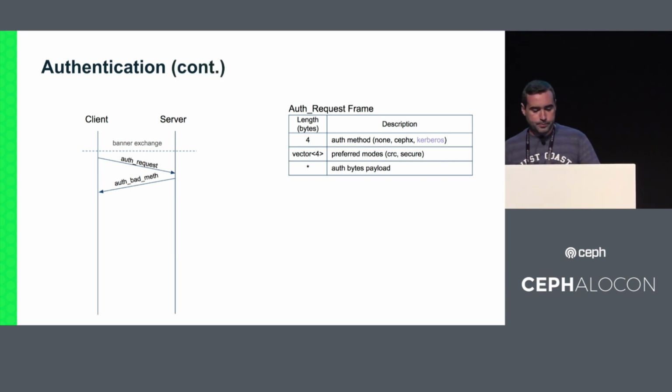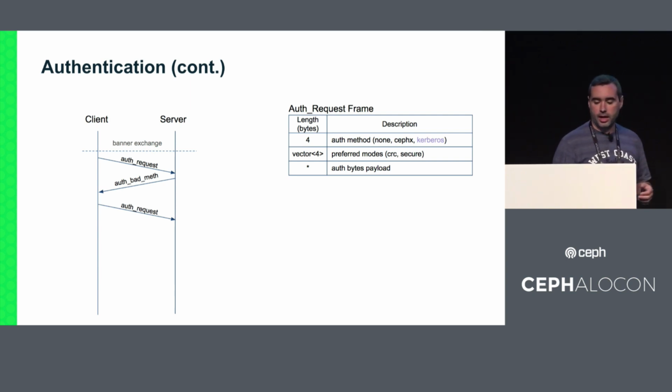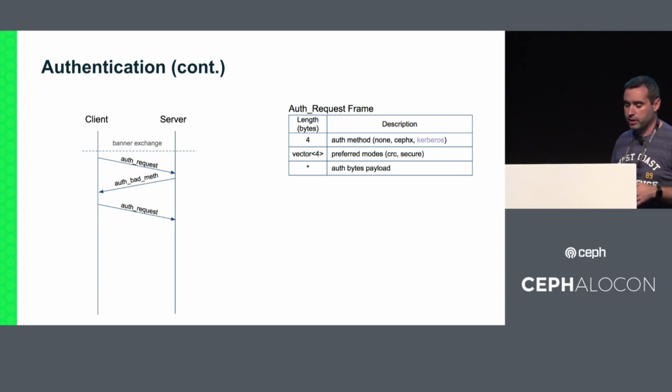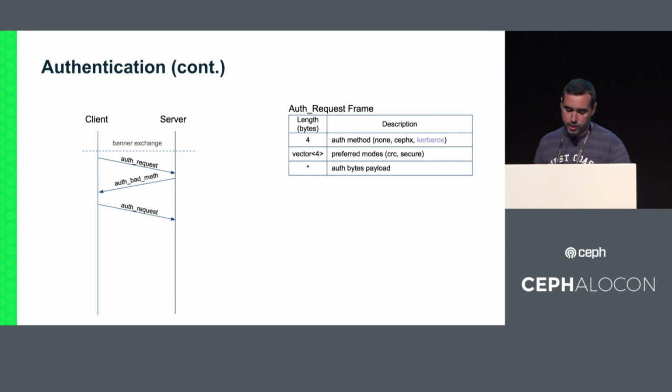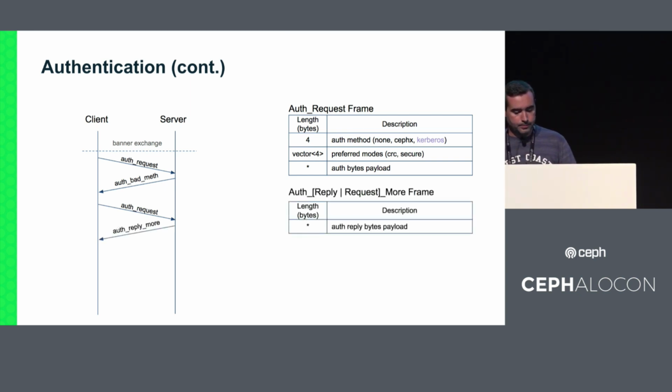Then the client needs to decide what to do, and it can perform another auth request. Now, if the server is okay with what the client is requesting, it replies with a message called auth reply more.